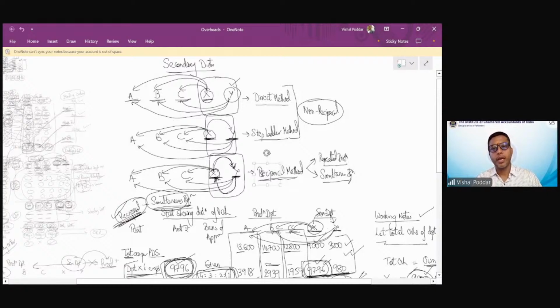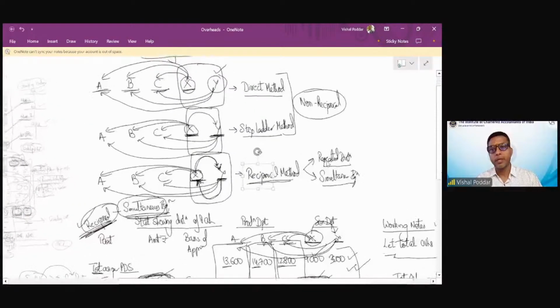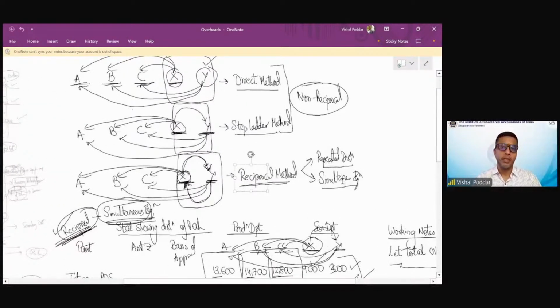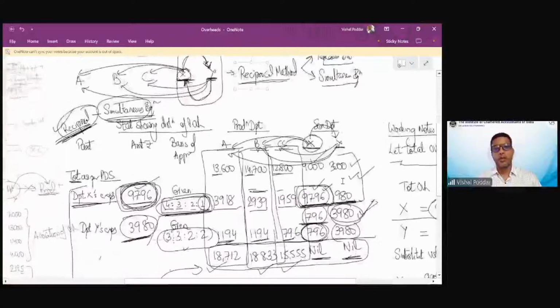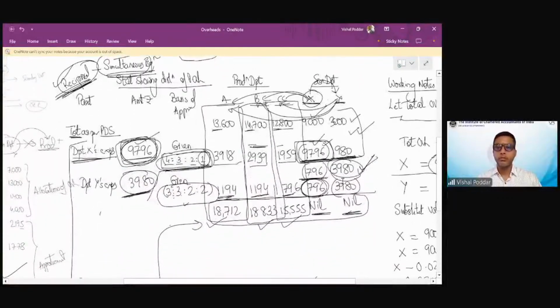And then comes the third category, that is reciprocal. This category is applicable whenever both are providing services to one another reciprocally. In this, there are two methods. You can solve by the repeated distribution or you can solve by the simultaneous equation. Then we took one sum which we solved by all the four methods so that I could explain you the difference between the four, how practically all the four methods operate.